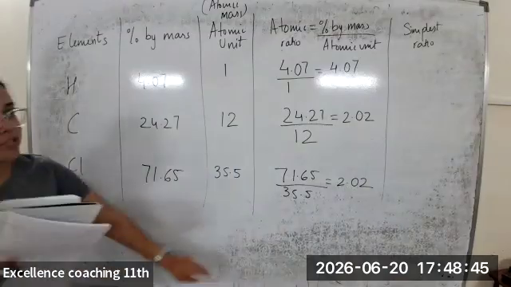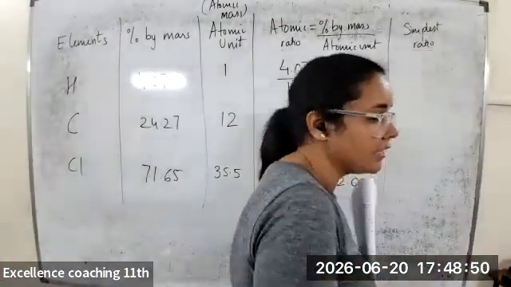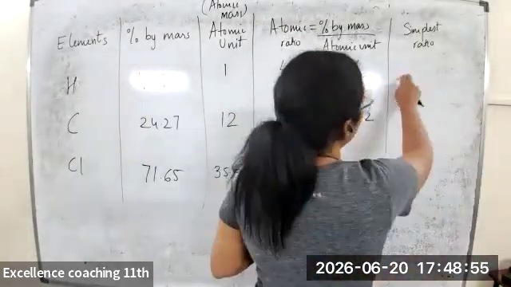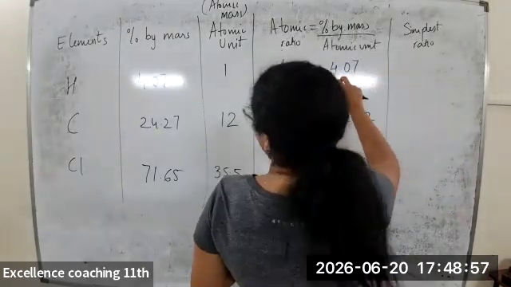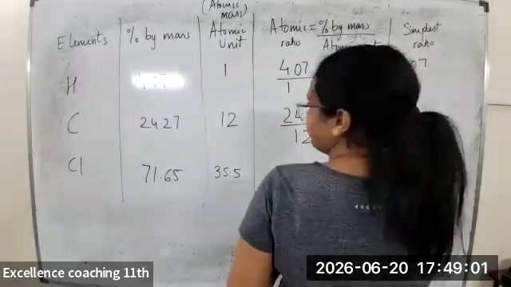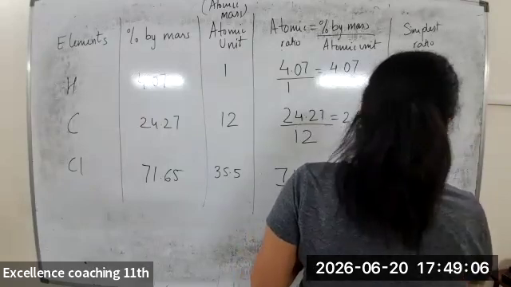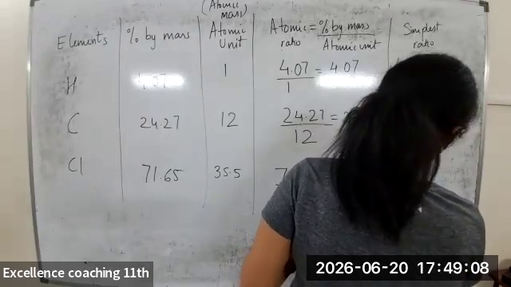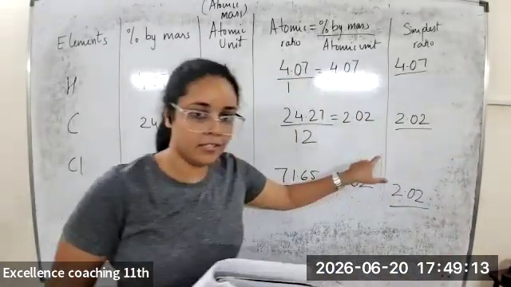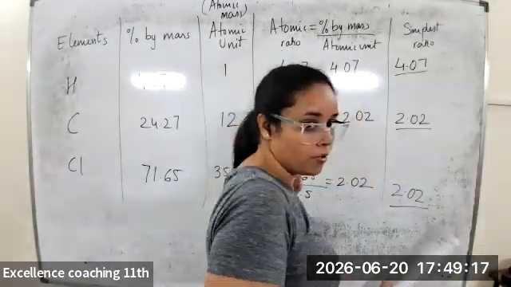Okay, simple, right? So now the 5th column, what you have to do is write the previous answer which you have got. Same thing you have to write here. For hydrogen, you have got 4.07. Same way for carbon, you got 2.02. Next one for chlorine, 2.02. So what you have to do is divide these numbers by the least atomic ratio.